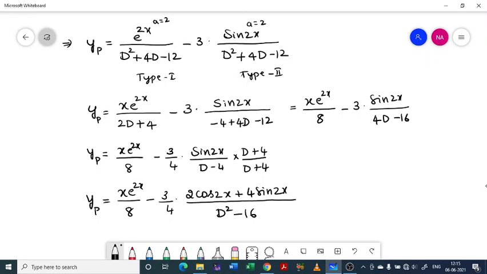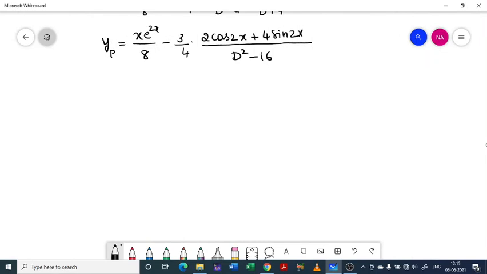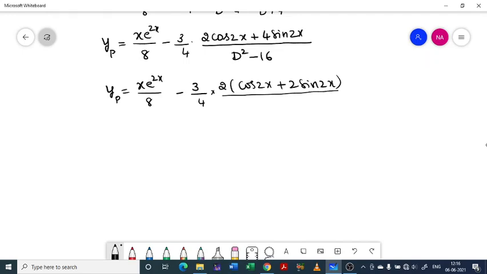Now yp equal to x e power 2x by 8 minus 3 by 4 into, in the numerator here you can take 2 outside, 2 times cos 2x plus 2 sin 2x, divided by, replacing D square by minus 4, you get minus 4 minus 16, that is minus 20.